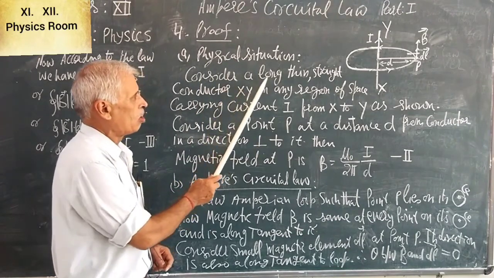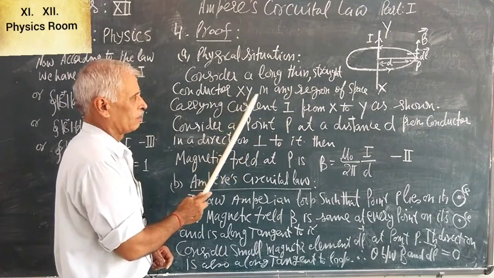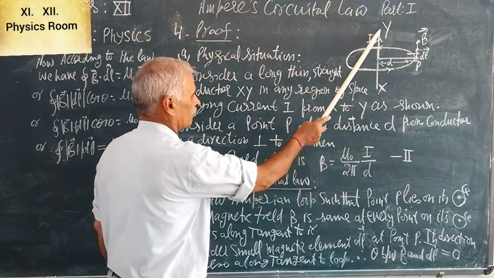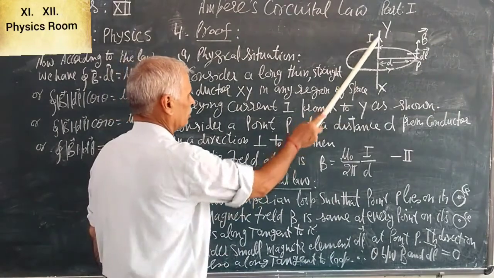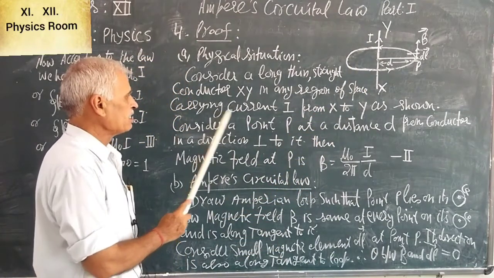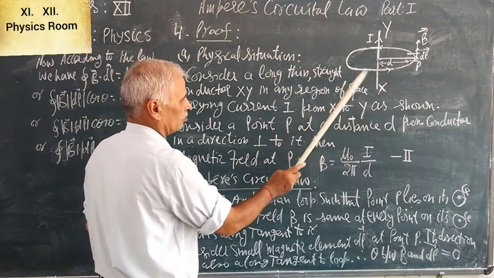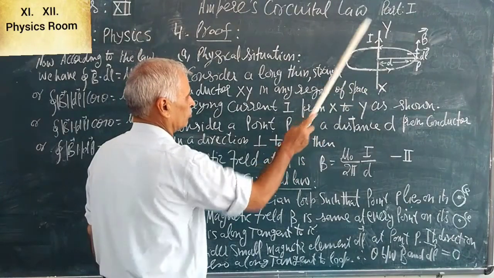Consider a long, thin, straight conductor XY in any region of space, carrying current I from X to Y as shown.